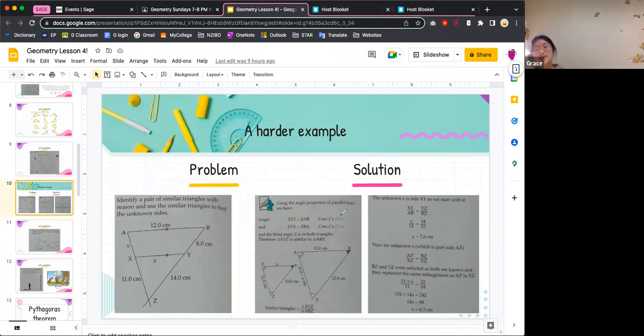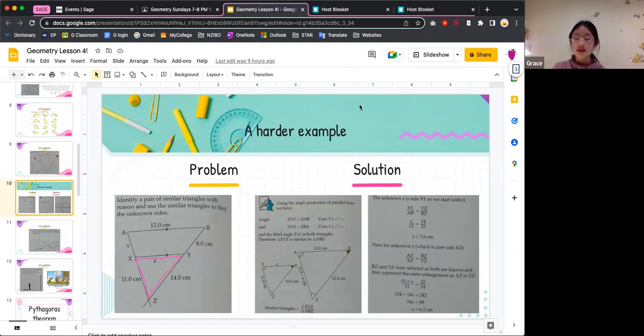Okay, here's just another bit of a challenge example. So here we can see that we've got a pair of similar triangles. So we've got triangle XYZ, which is this one right over here.